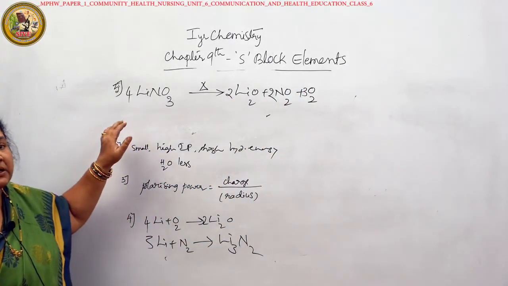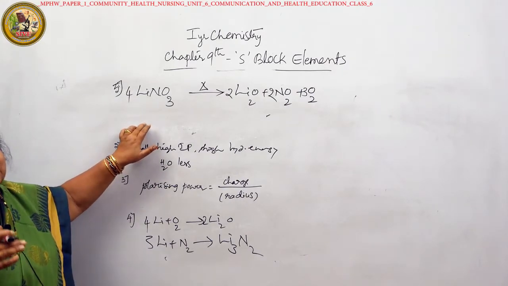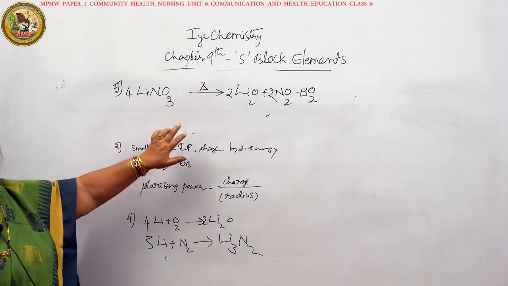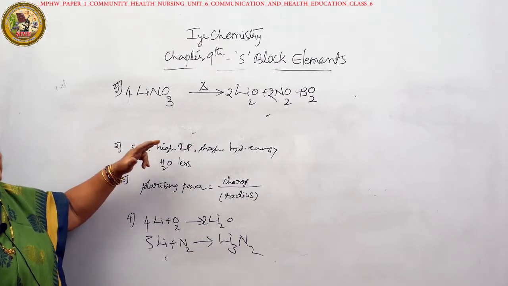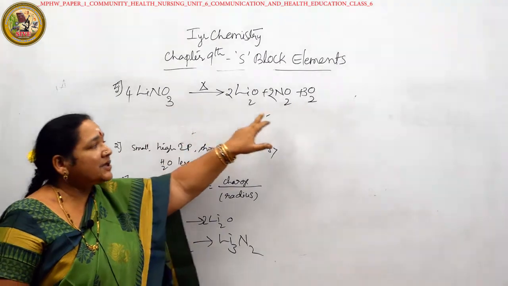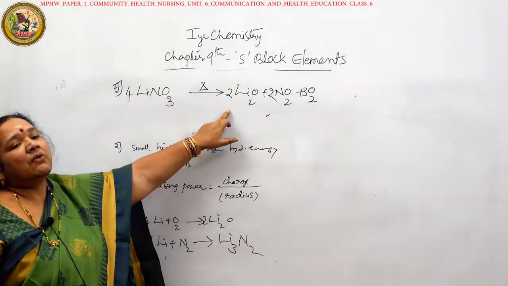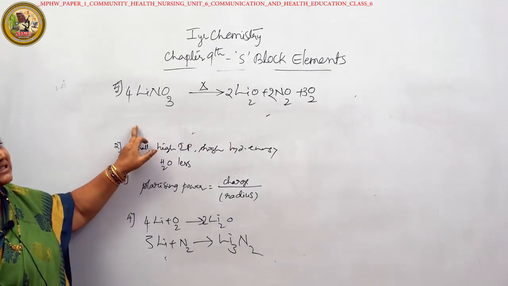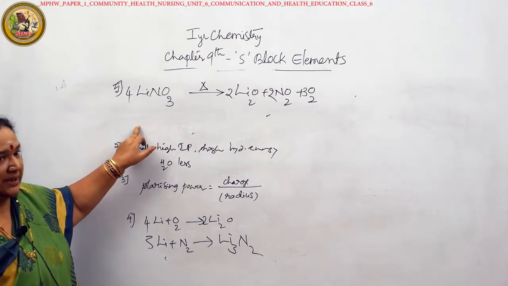Whereas the remaining nitrates of this group, on heating, release only NO2 and O2. But unlike other nitrates, lithium nitrate on heating, in addition to nitrogen dioxide and oxygen, also forms lithium oxide. This is also one of the exceptional behaviors of lithium.